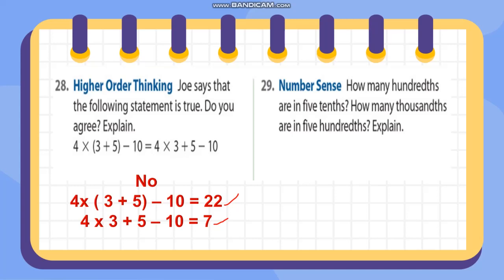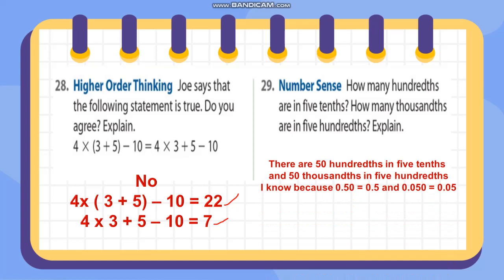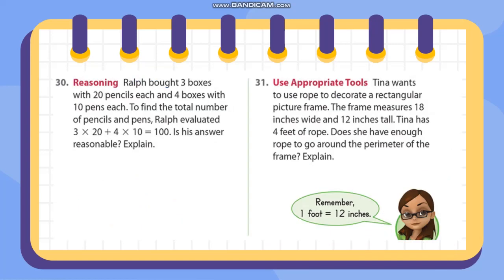So the answer here is there are 50 hundredths in 5 tenths and 50 thousandths in 5 hundredths, because 0.50 is equivalent to 0.5 and 0.050 is equivalent to 0.05.